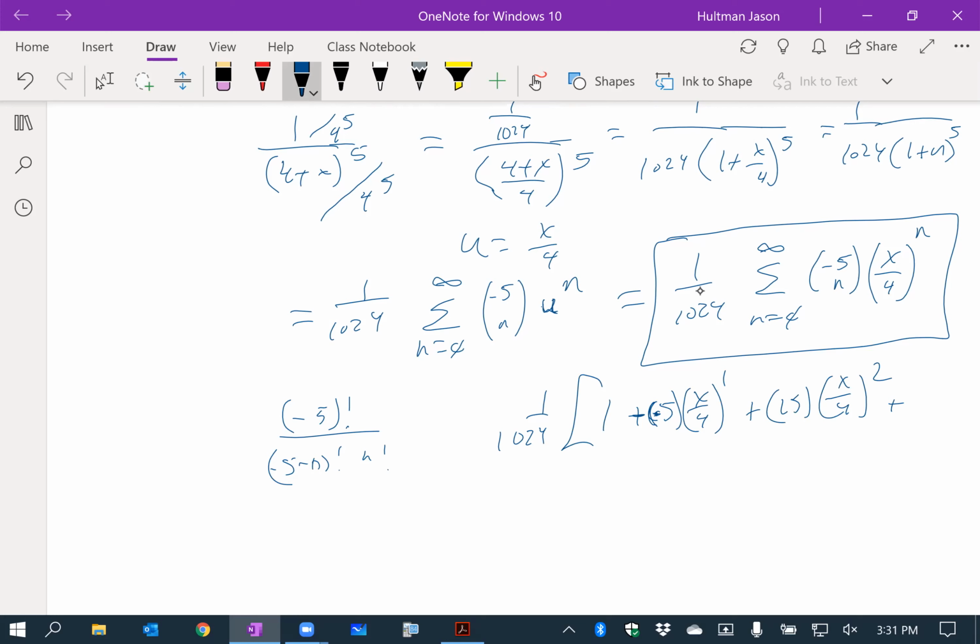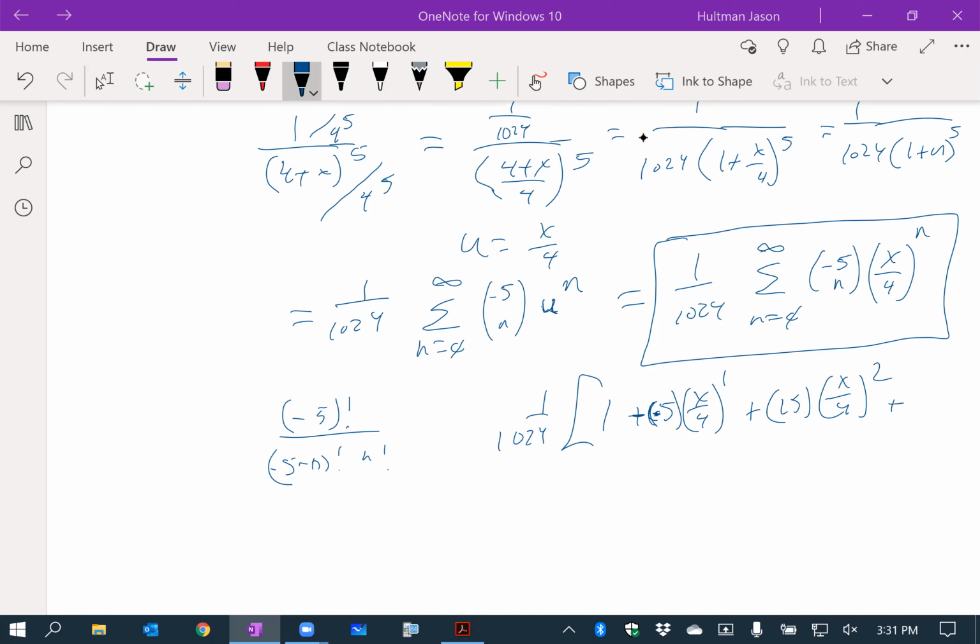Confirming that the instructions to expand as a power series meant write it in summation notation. Yes, you can do it either way, honestly. I'm just showing you both ways here.